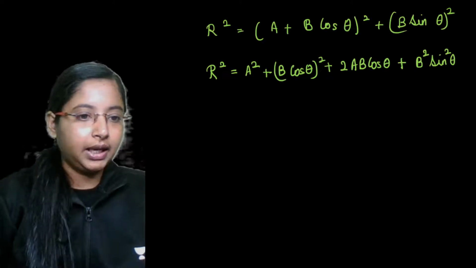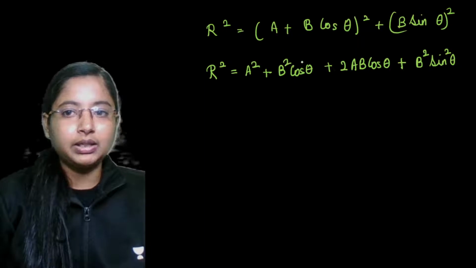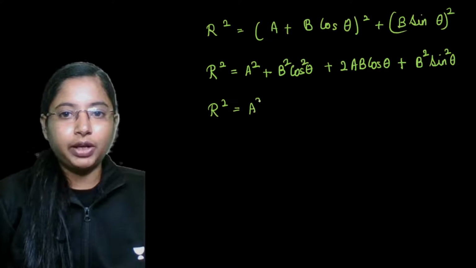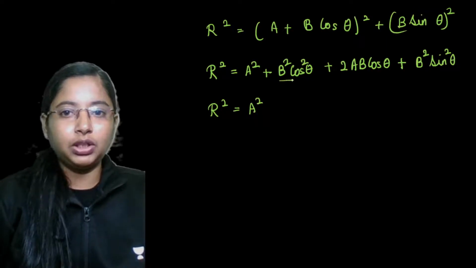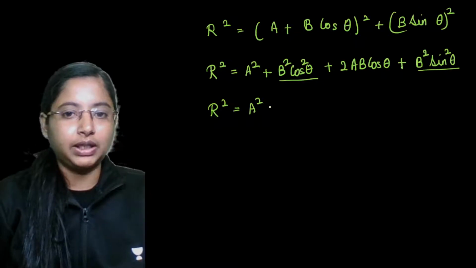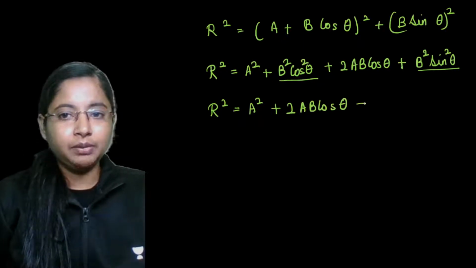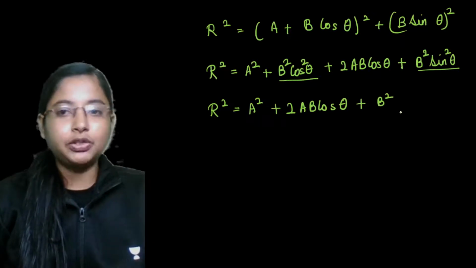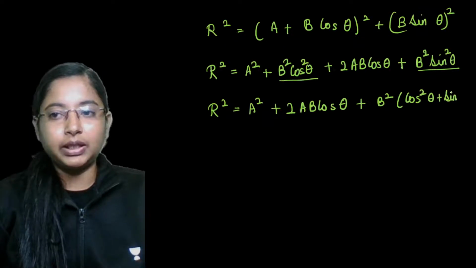And here again we have B cos theta the whole square, which we can write as B square cos square theta. Now we have two terms, B square sin square theta and B square cos square theta, so let's take that separately. We have 2AB cos theta plus B square, taking B square common, cos square theta plus sin square theta.